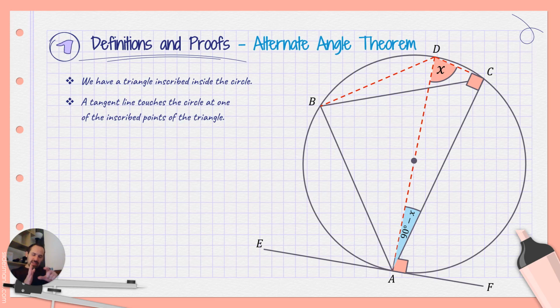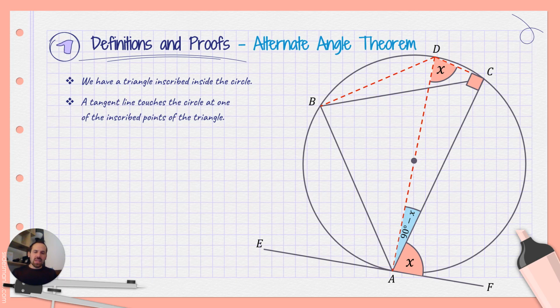But you see that little sliver angle we've got there, 90 minus X, plus the remaining part of the angle that makes up that CAF, that remaining part adds up to make 90 degrees, as we can see there, because it's a tangent point. So we can tell that this is going to be X. So X plus 90 minus X is going to add up to 90, won't it?